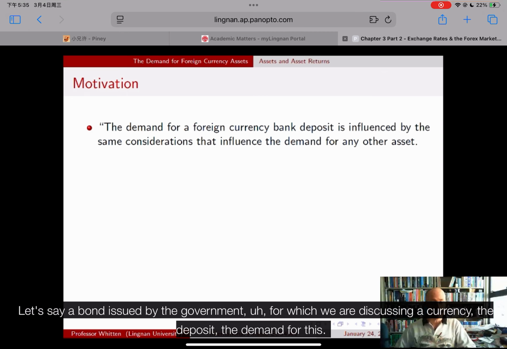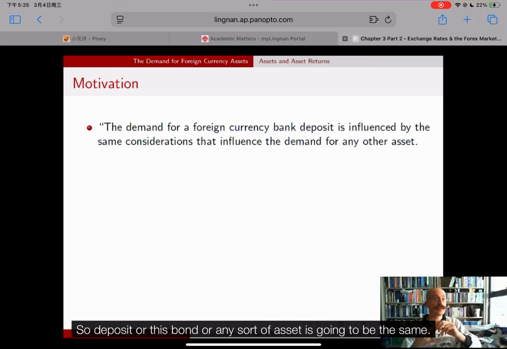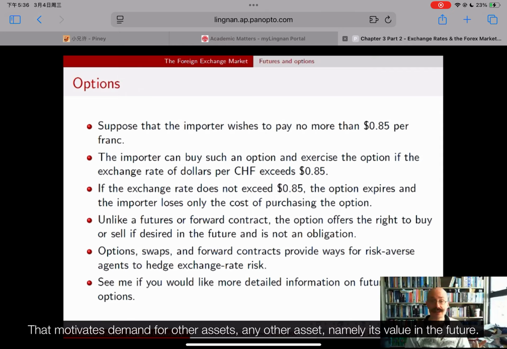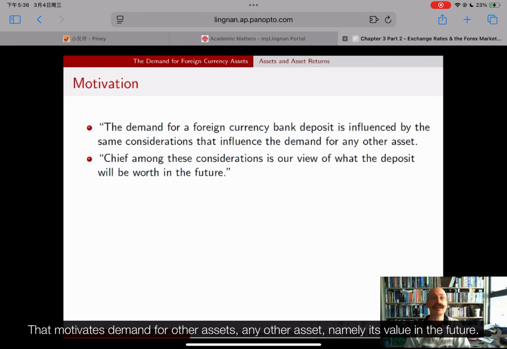Let's say a bond issued by the government for which we are discussing a currency. The demand for this deposit, or this bond, or any sort of asset is going to be the same that motivates demand for other assets, namely its value in the future.